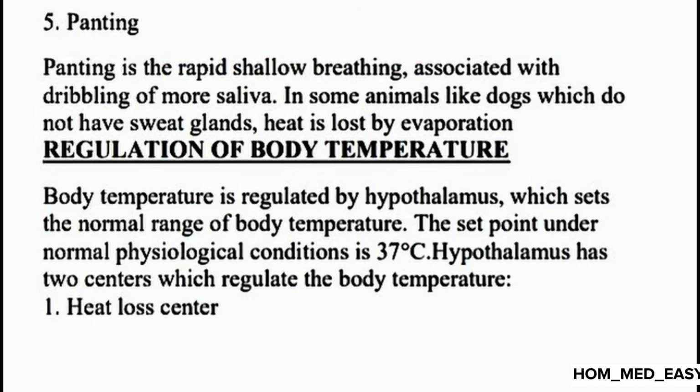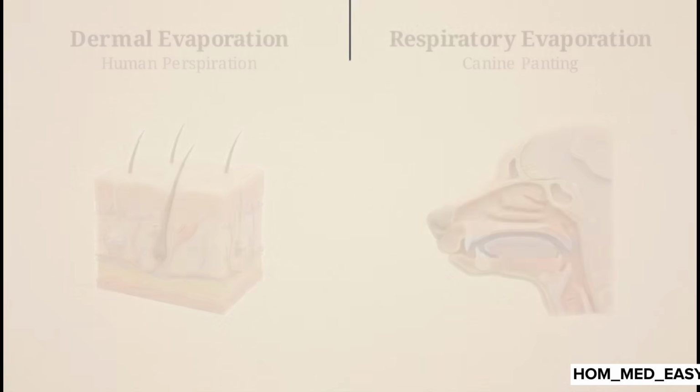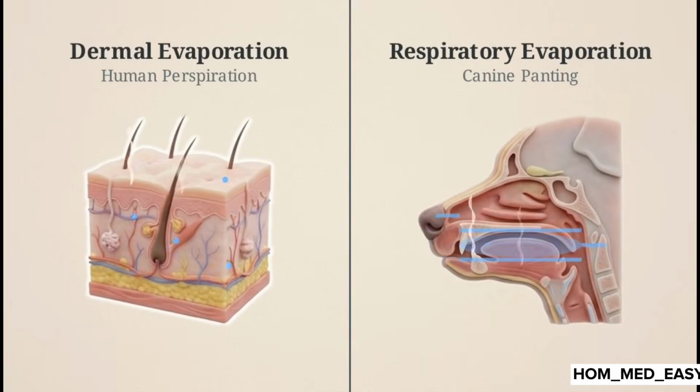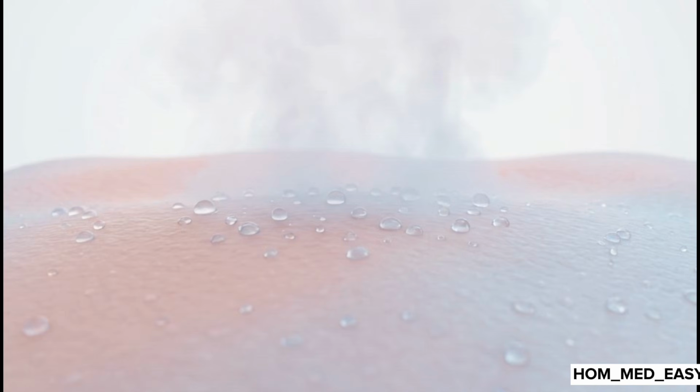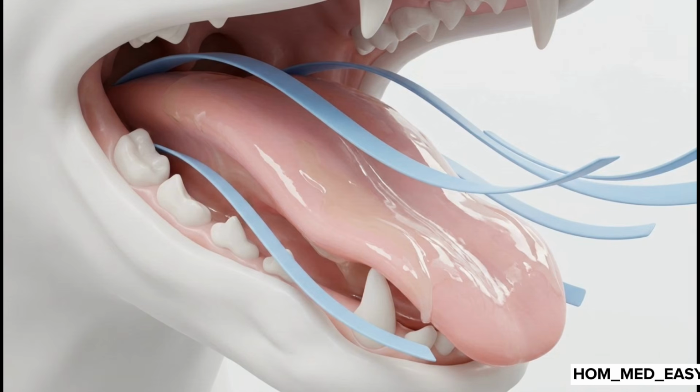The text confirms the physical driver remains identical. Heat is ultimately lost through the evaporation of that saliva. Placing the human and canine models side by side reveals two drastically different anatomical strategies executing the exact same job. The human utilizes passive, microscopic water vapor release across the entire body, while the canine forces rapid airflow over concentrated liquid in the respiratory tract.